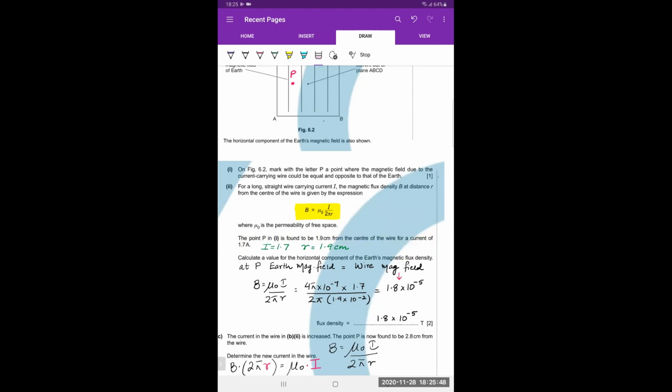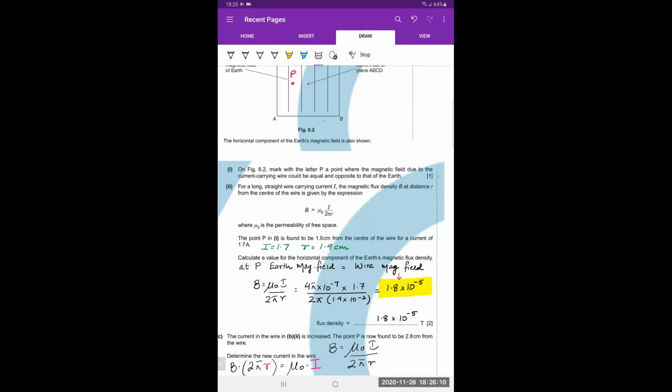So if I use these values, I can at least calculate the magnetic field strength associated with the wire. My answer comes to 1.8 times 10 to the power of 5 after plugging in all these values given to us.